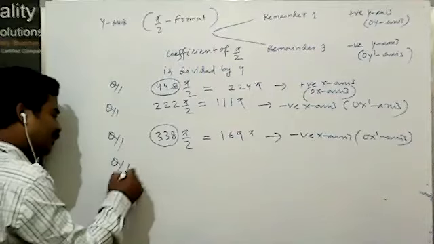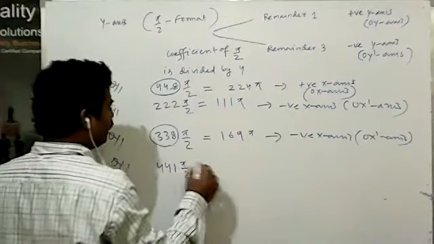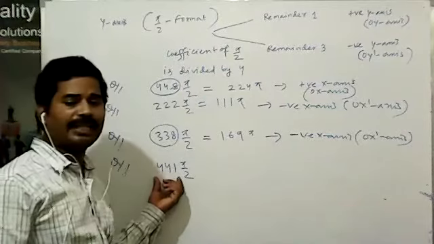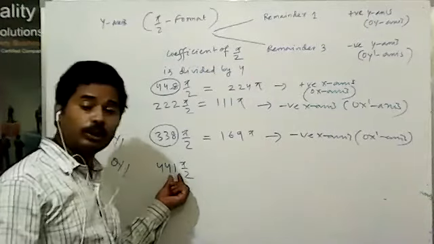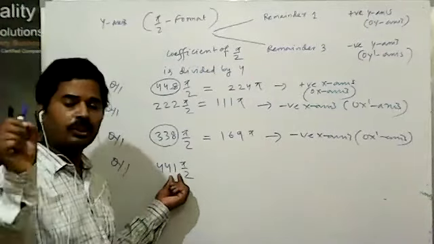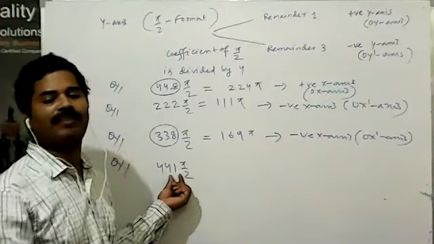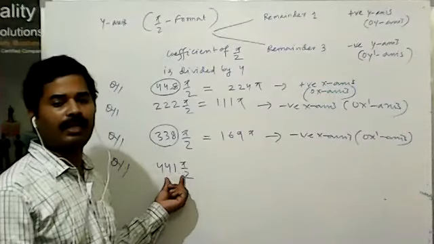Similarly, another question: 441 pi by 2. Here for 441 divided by 4, you simply have to divide the last 2 digits. If the last 2 digits are divisible by 4, then the total number is divisible by 4. The last 2 digits are 41.